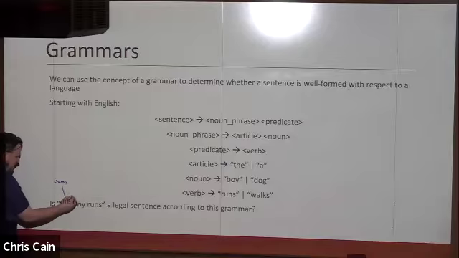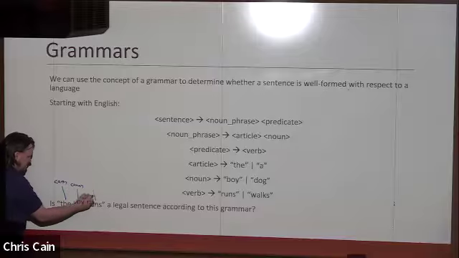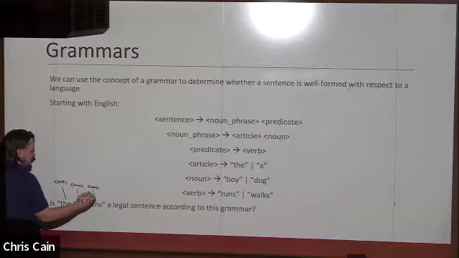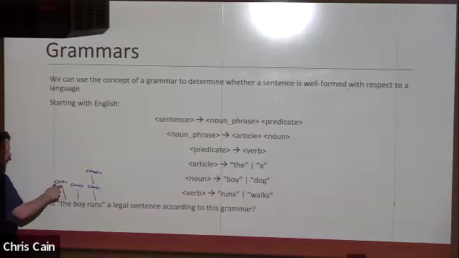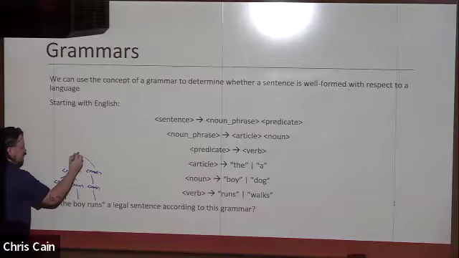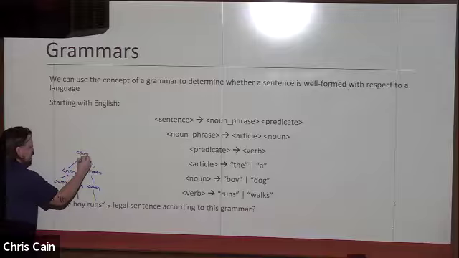"Boy" shorthands to noun. "Runs" shorthands to verb. Verb goes back to predicate. Article, noun, in that order, as we have it here, goes to noun phrase. And noun phrase, predicate becomes sentence.